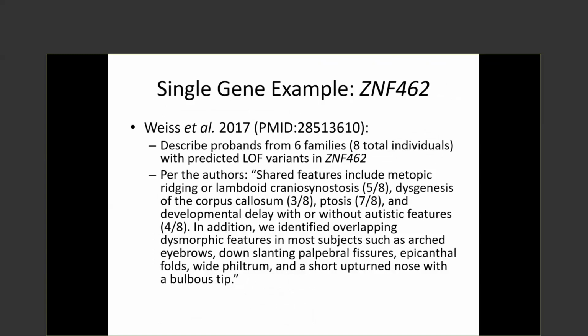We have a couple of papers with case level evidence here, the first being Weiss et al. 2017. This paper describes probands from 6 families, 8 total individuals with predicted loss of function variants in the gene. And the phenotype per the author includes metopic ridging or lambdoid craniosynostosis, dysgenesis of the corpus callosum, ptosis, developmental delay with or without autistic features, as well as some dysmorphic features.